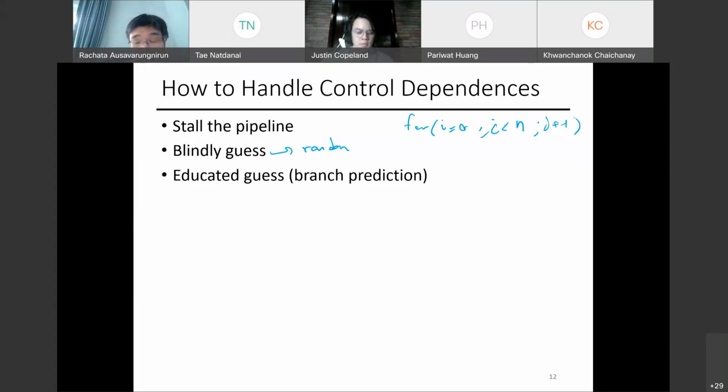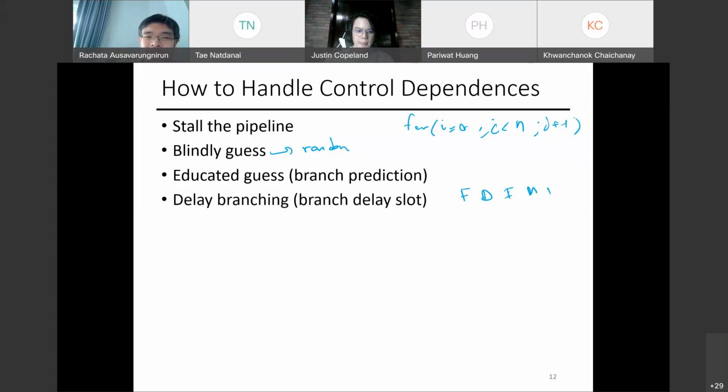In the MIPS processor, the processor we've been telling you to try out in a simulator, there's a thing called delay branching. So you have fetch, decode, execute, memory, and write back, right? And you know this is a branch. What MIPS would do is look further ahead and say, okay, I'll find something to do in the fetch that for sure it's okay to run, so that I delay the branch.